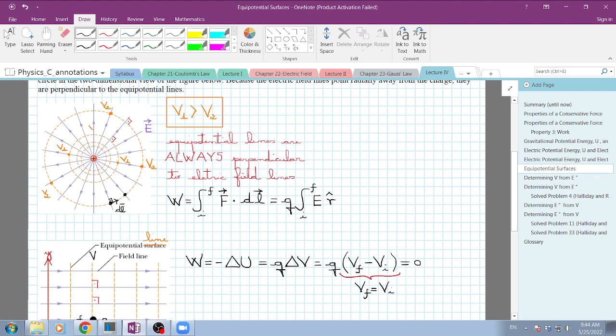The displacement here is going to have 90 degrees. So this here is going to be 0.